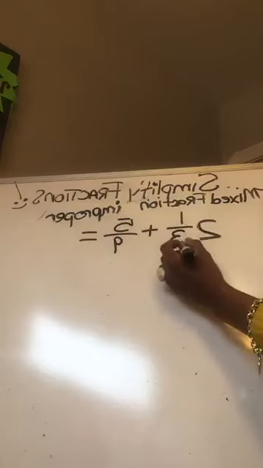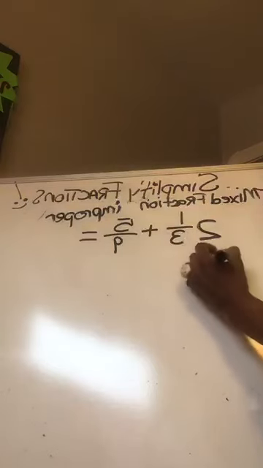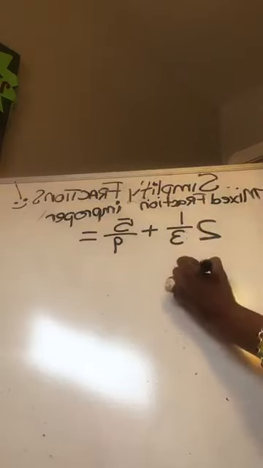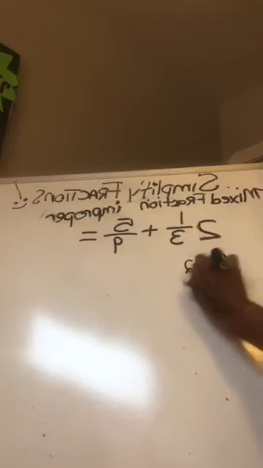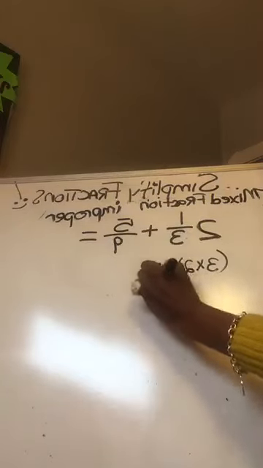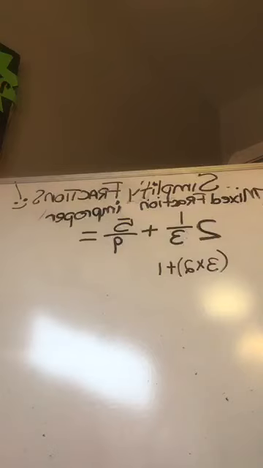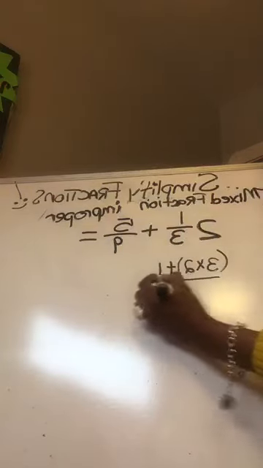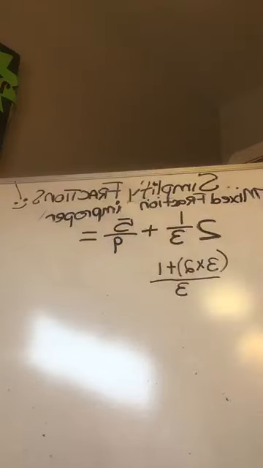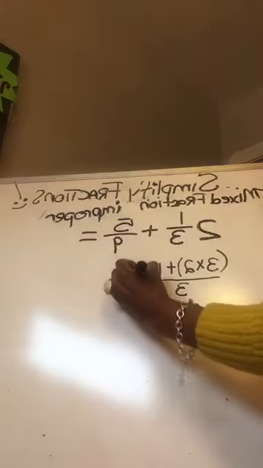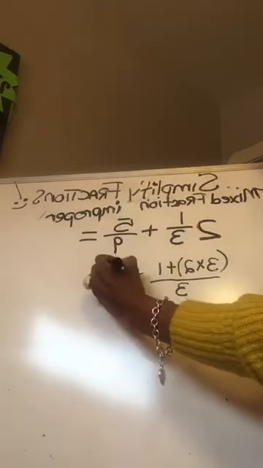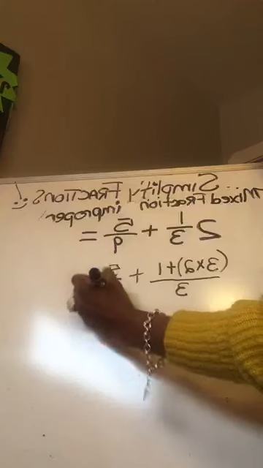To do that, you must multiply 3 times 2 plus 1, divided by 3, plus 5/9.